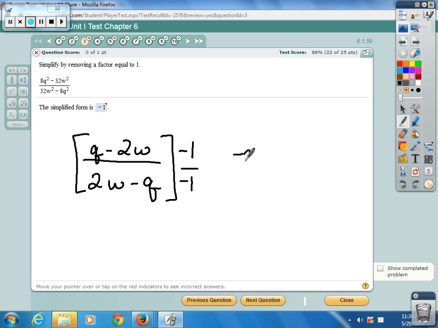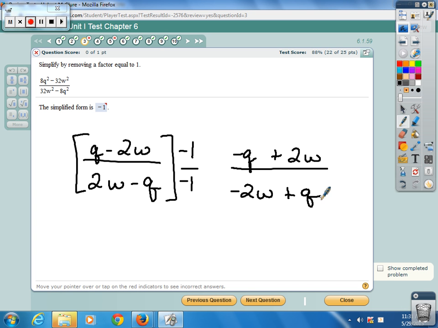Negative Q. And negative 1 times negative 2W is positive 2W over negative 1 times 2W is negative 2W, and negative 1 times negative Q is what? Positive Q. So it does make it.